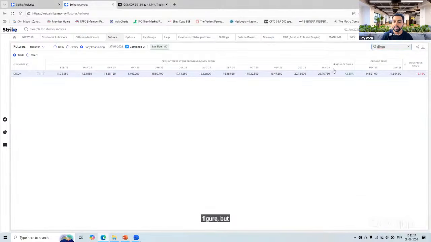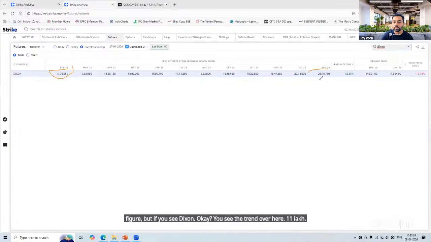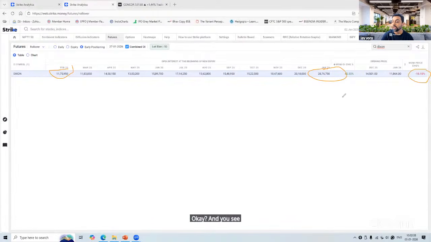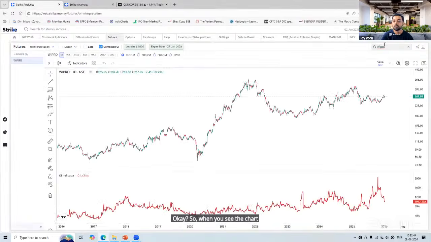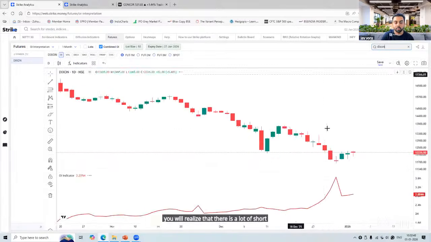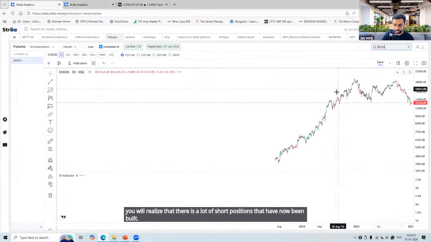But if you see Dixon, you see the trend over here: 11 lakh has become 28 lakh, and there was a price change of 18% in a month. So when you see the chart of this, you will realize that there is a lot of short positions that have now been built in Dixon.